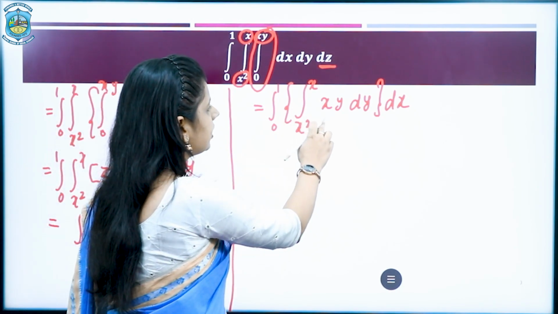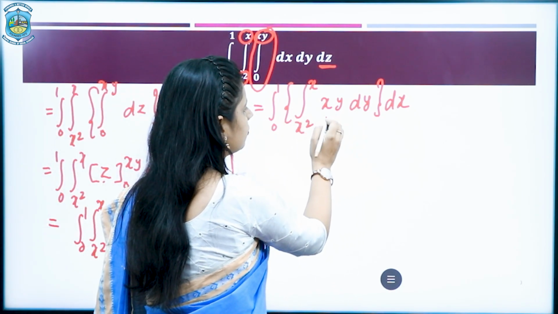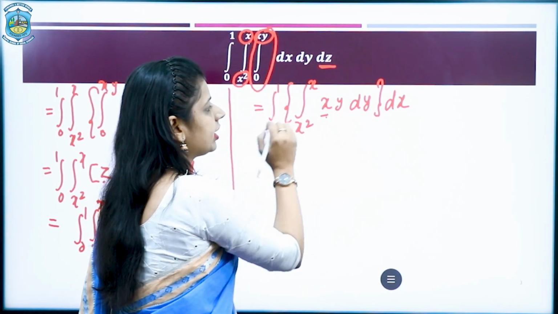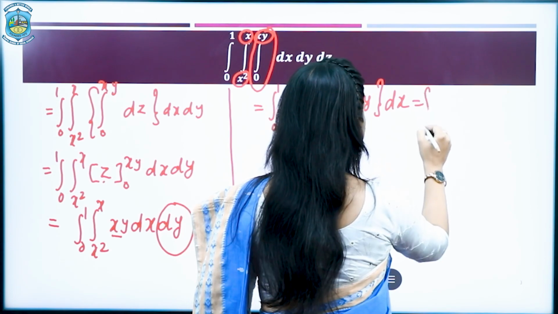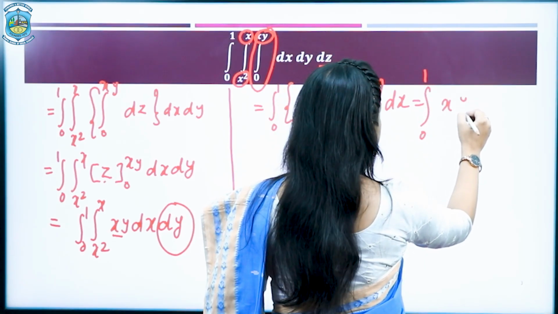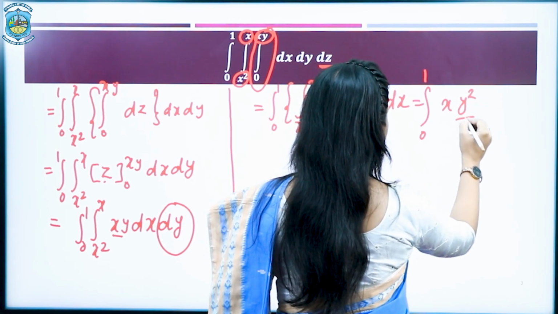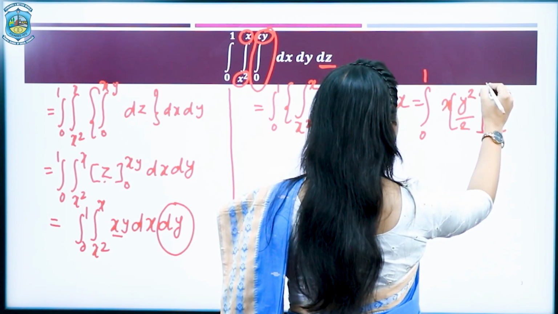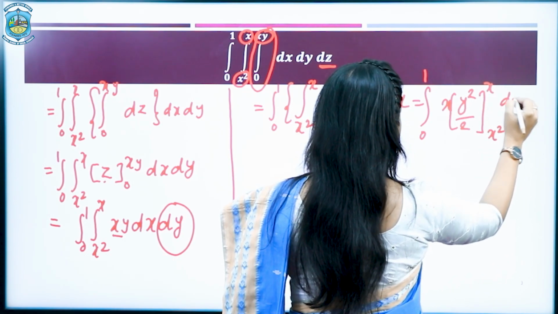Now, when we integrate this function with respect to y, x will act like a constant and we will integrate only y. So, we will get 0 to 1, x as it is, integration of y is y square by 2, limits are x square to x, and then dx.